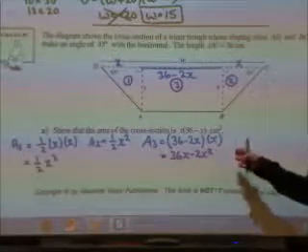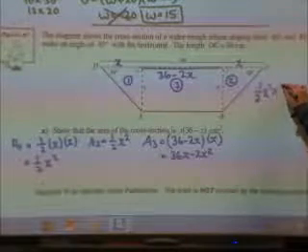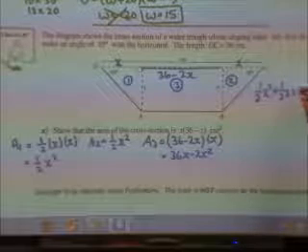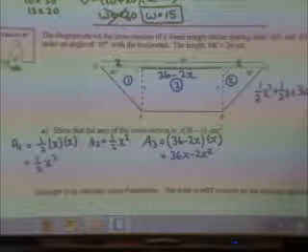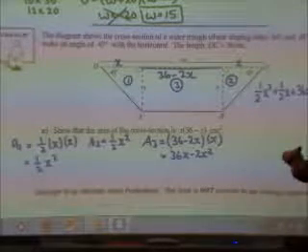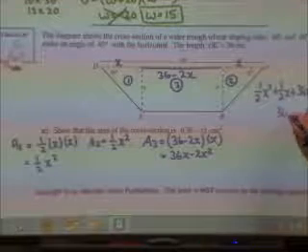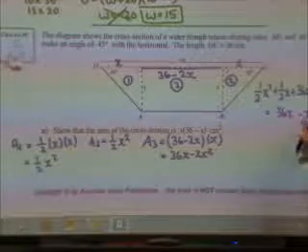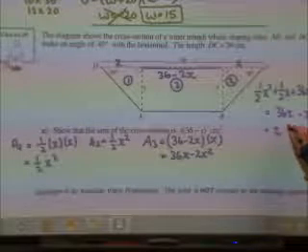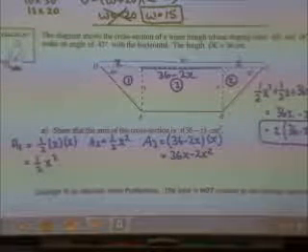If I put this all together, I've got 1/2 x squared plus 1/2 x squared plus 36x minus 2x squared. 1/2 and 1/2 is 1. Minus 2 leaves me with a negative x squared and a 36x. X is common to both, so if I factor it out, there's my 36 minus x for my final answer.